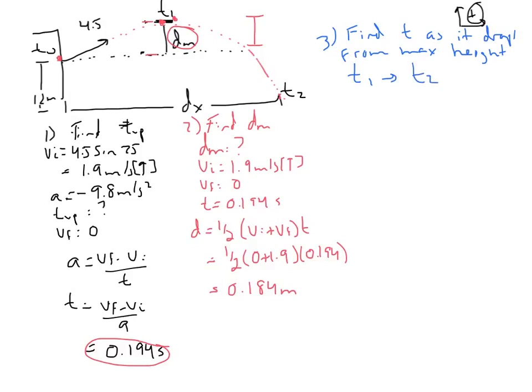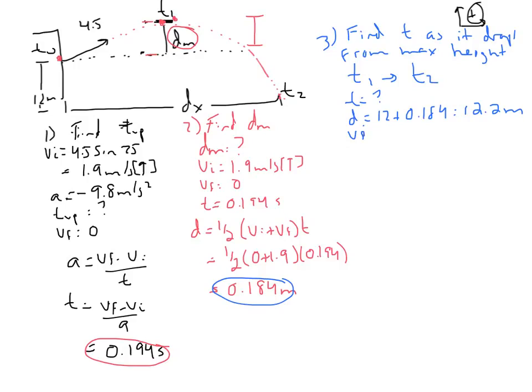More or less that's what it's saying. Okay, so what do we know? Okay, well, we're looking for t. That is our question. Okay. We know the distance because we just figured out it's 0.184 meters up. So we say 12 plus 0.184, and that gives us 12.2 meters.